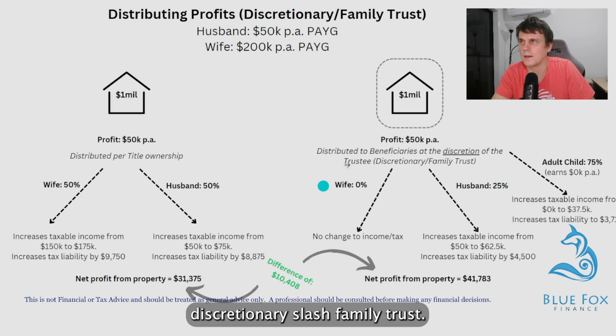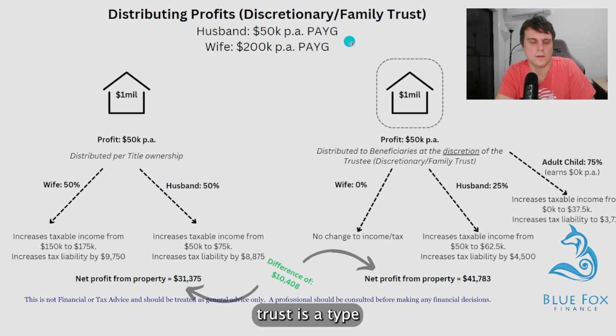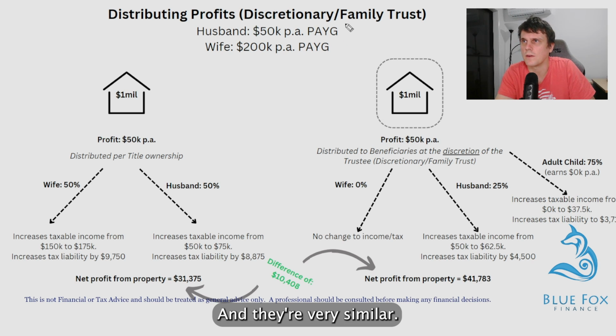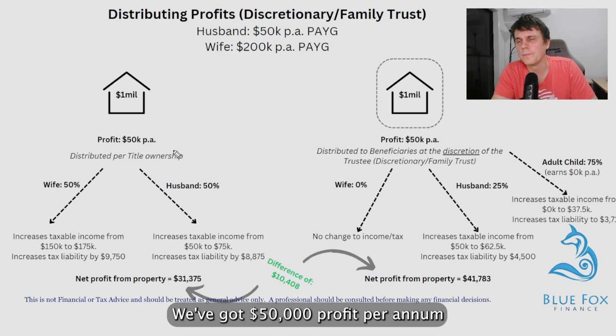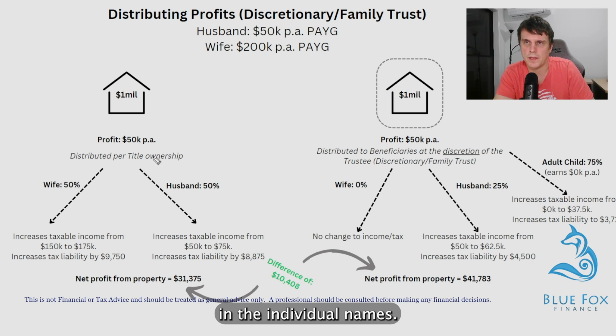Discretionary or family trust. Now, a family trust is a type of discretionary trust, and they're very similar. I actually don't know much of the difference, other than the fact that a family trust is with family members. If we look on the left, what happens when you start turning a profit, we've got 50,000 profit per annum in the individual names. So it's always distributed per title ownership.